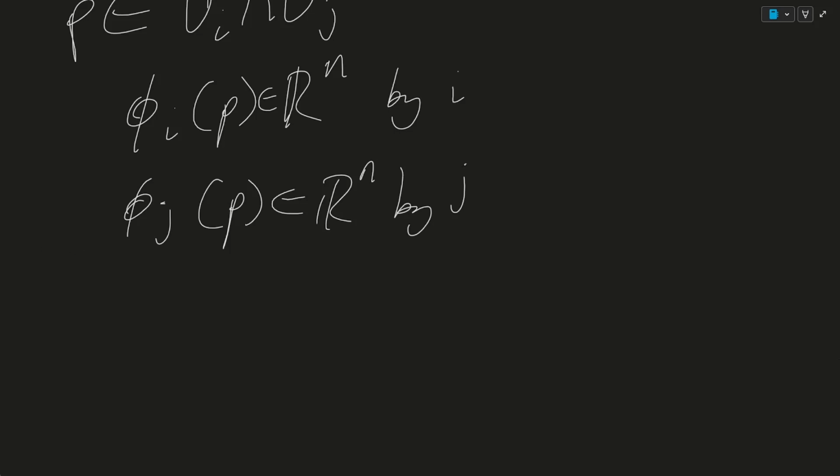Now we need a very important thing which is called a transition function, and this allows us to map directly from observer i's coordinates to observer j's coordinates. So we have a transition function and we can call it phi ij, which is phi j composed with phi i inverse.